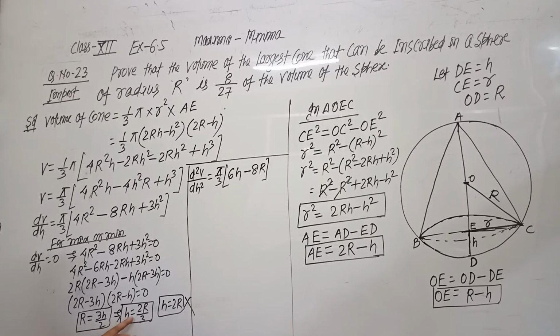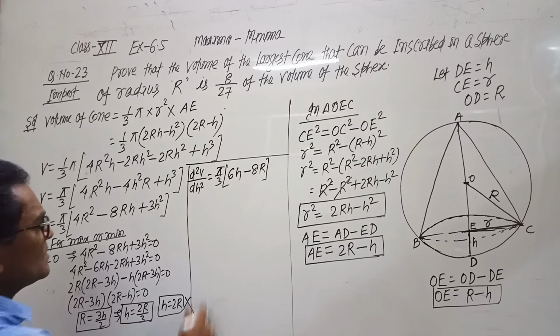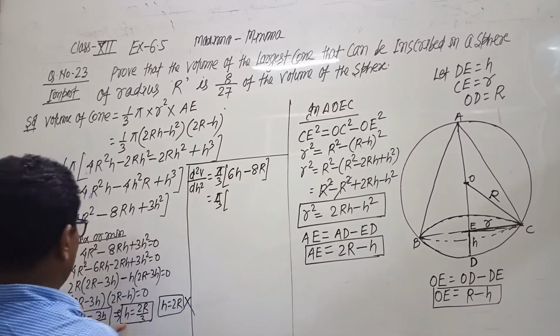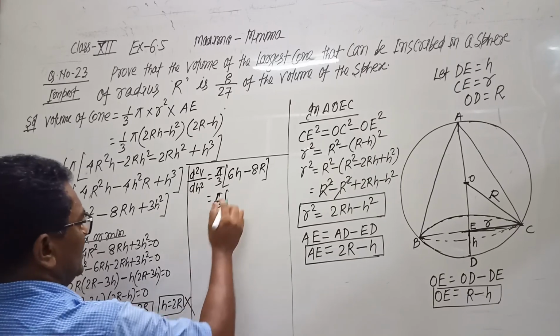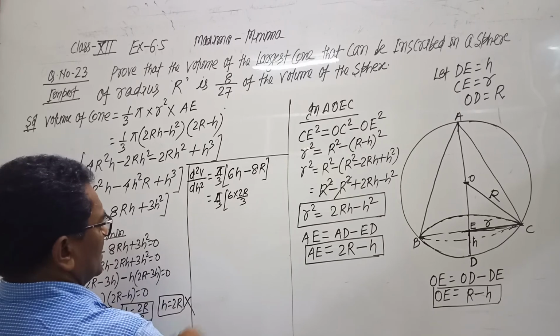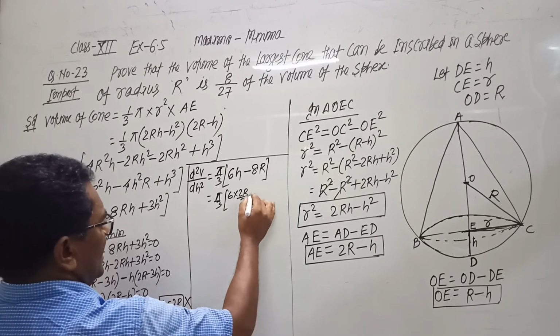Now put the value of h. So pi by 3, the value of h is 2r by 3, so 6 into 2r by 3 minus 8r.